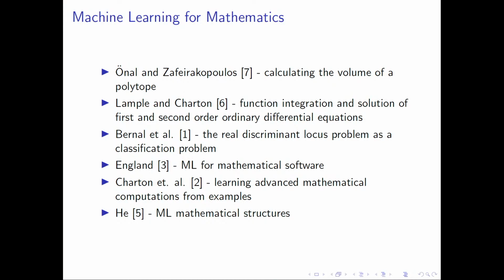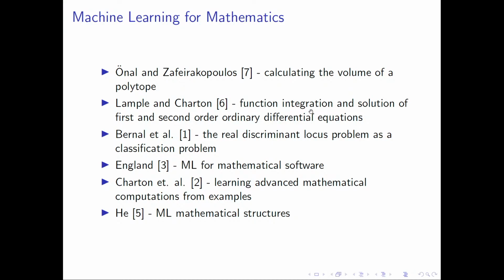Bernal and his colleagues treat the real discriminant locus problem as a supervised classification problem, and they use k-nearest neighbor and feed-forward neural networks to classify this.